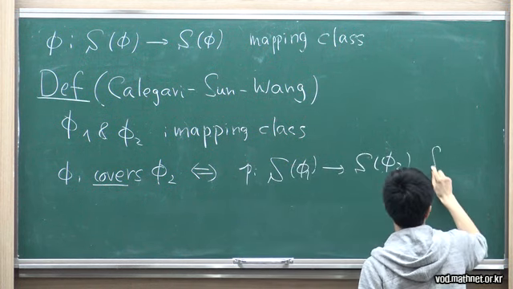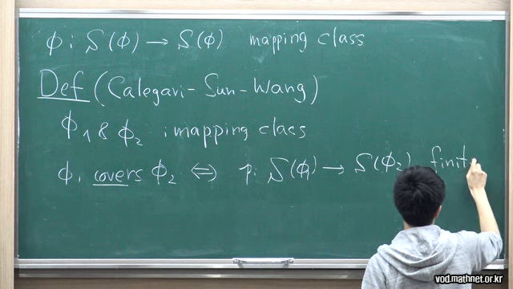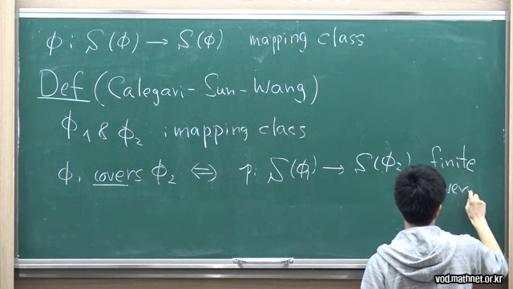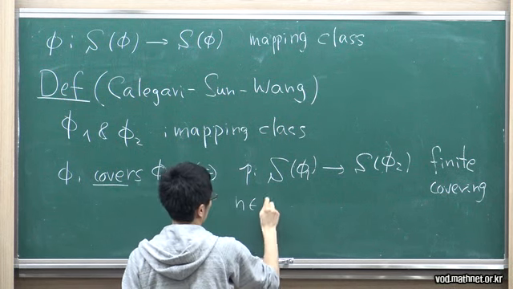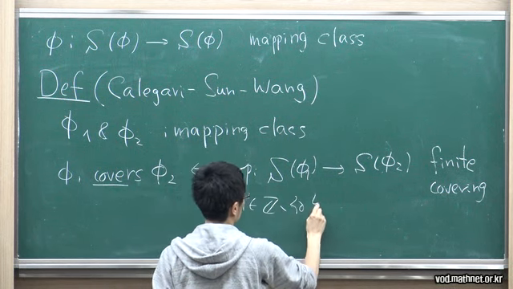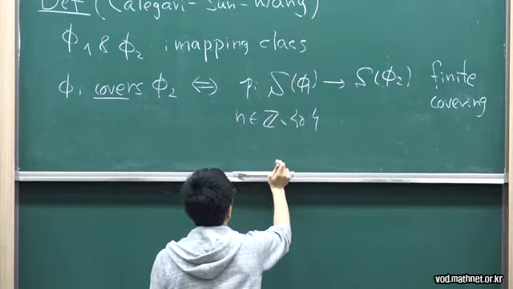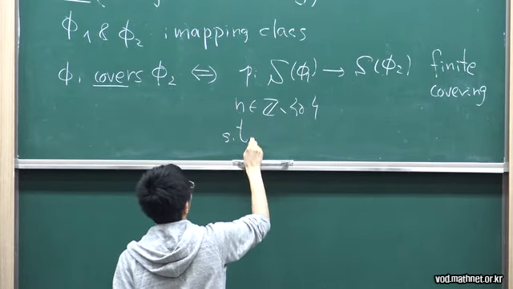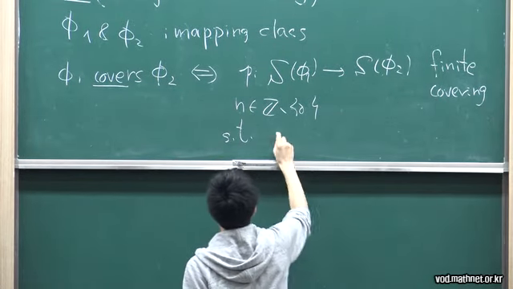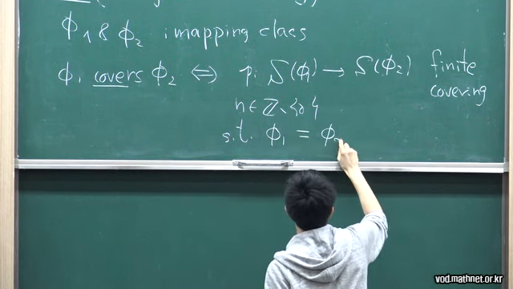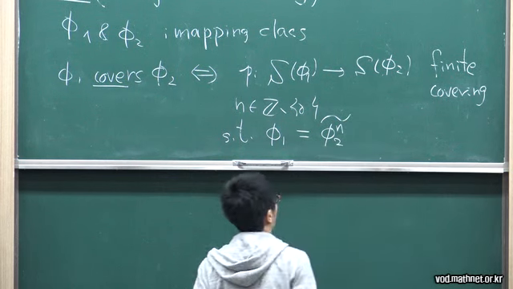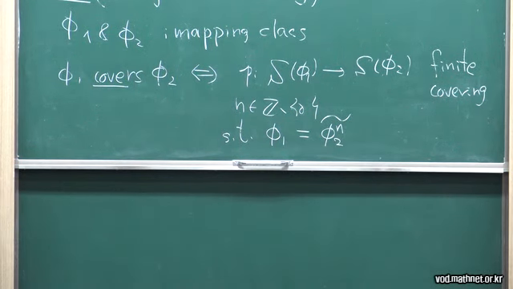So this is the finite covering. And a non-zero integer such that phi_1 is equal to the lift of some power of phi_2. So this is the definition of the covering for mapping classes.